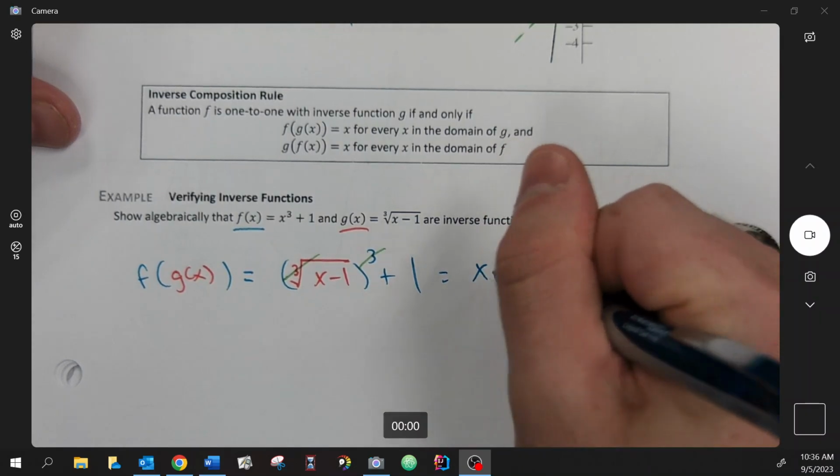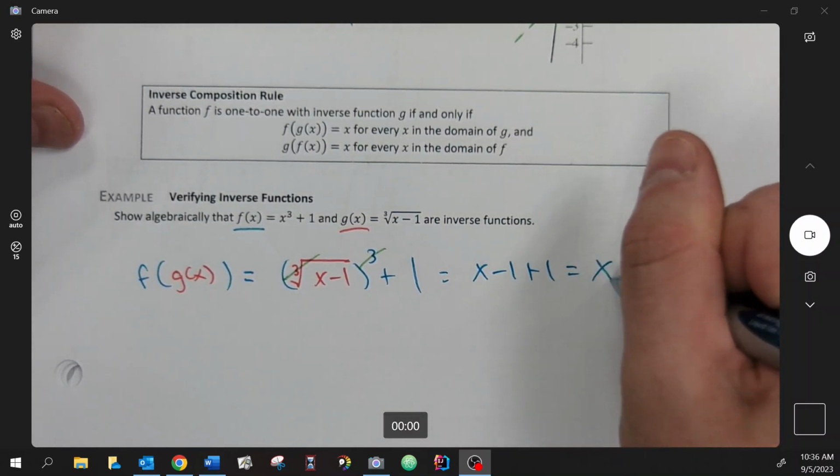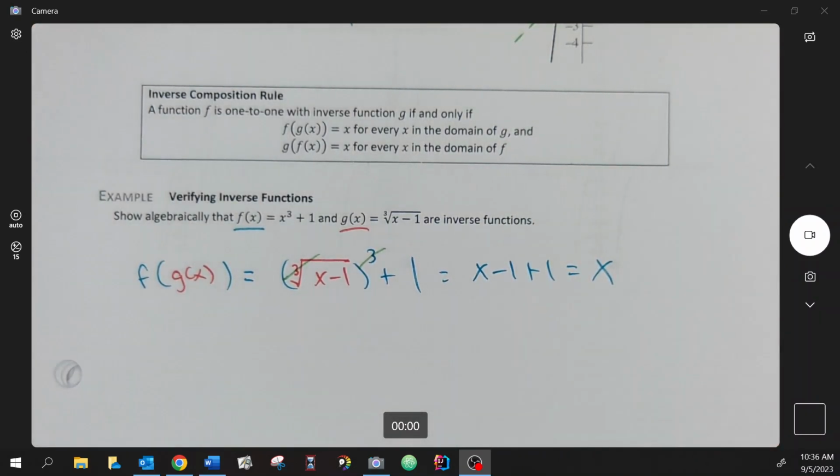That leaves behind x minus 1 plus 1, which is just x. So it works in that direction. Yay! Not like we were surprised, because we were told to verify that it's a true statement. So we already knew they're inverses, so it had better work.